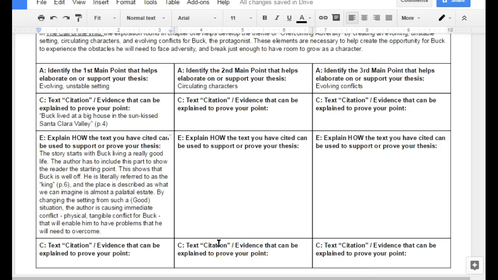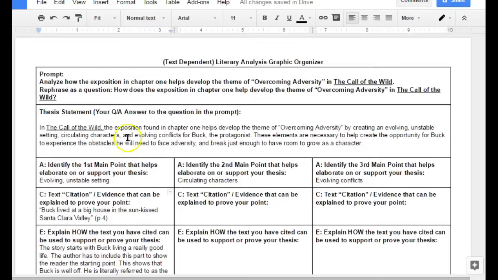Your job is to now fill in your graphic organizer the same way that I did. We're going to have a lot of the same ideas as far as what text to use, but the part where we really differ is this is my thought. This is the way I talk. This is the way I write. You're not going to use these same kind of words.